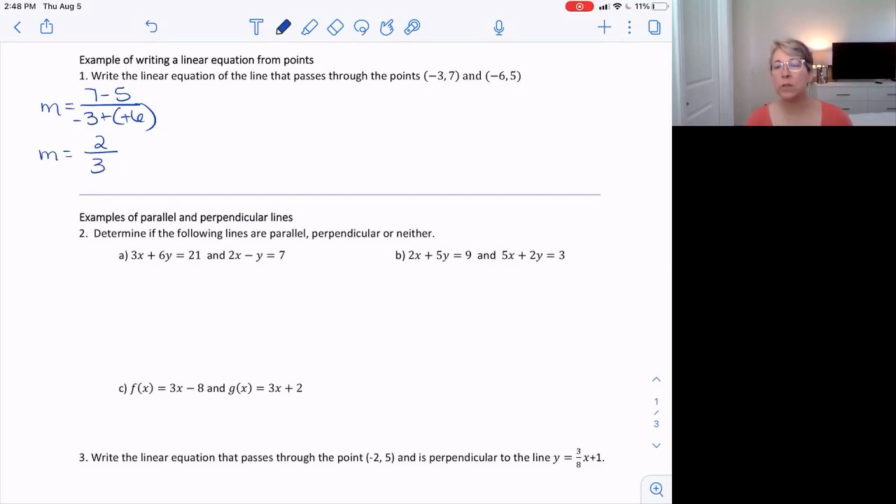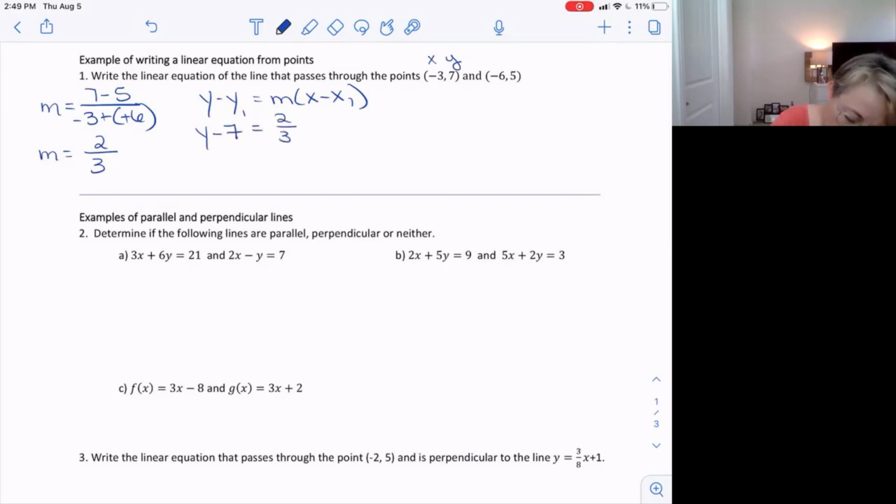Neither one of those points is the y-intercept. How can we tell? Neither x is 0. So none of those land on any of the axes, as a matter of fact. So we can use the point-slope form, and we can plug in for any of these points. Let's just use the first one here, -3 and 7. So I'm going to plug in a 7 for my y1, 2/3 times x minus a -3 for my x1.